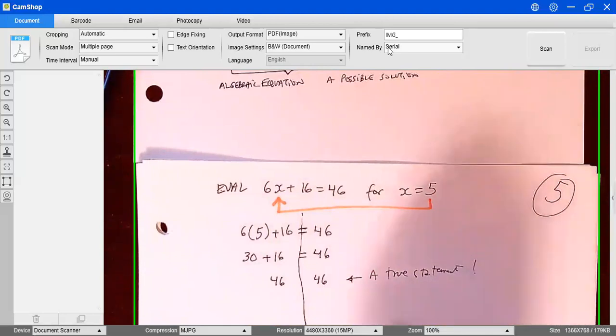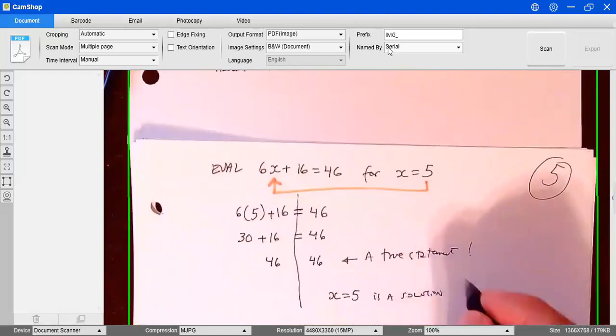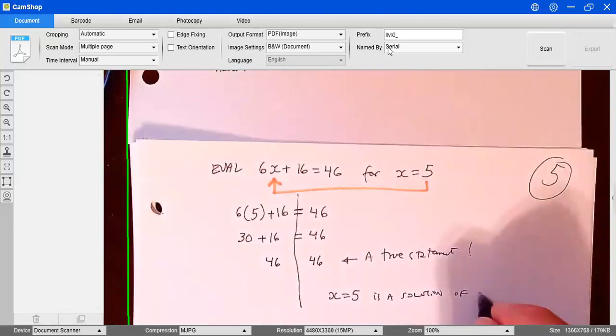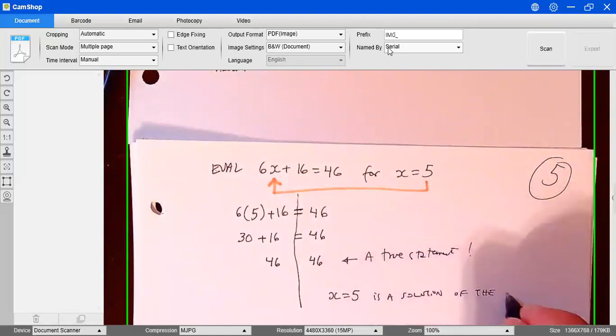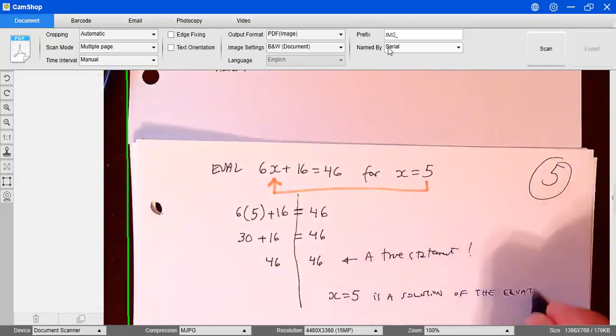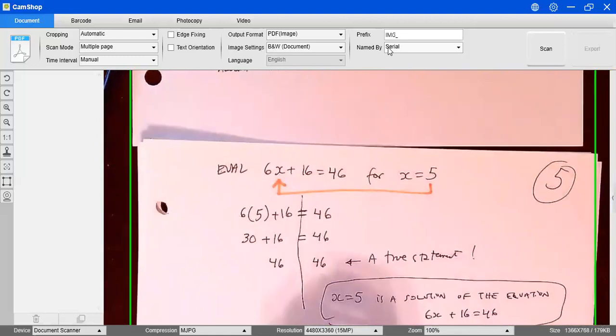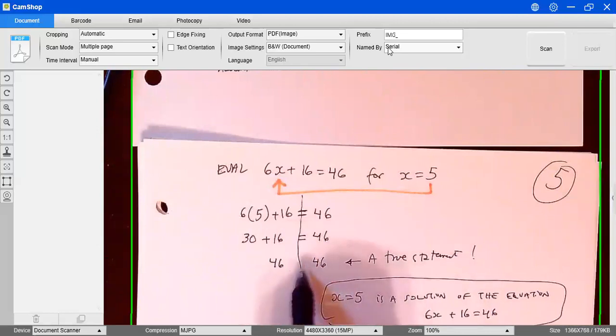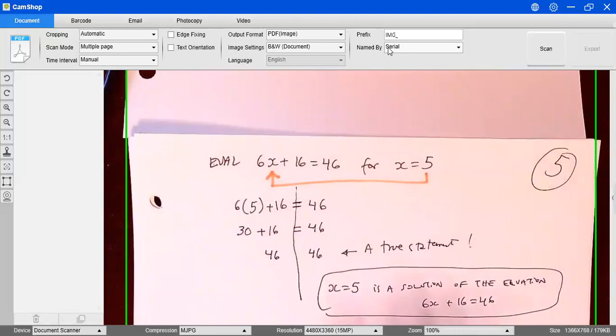That means that x equals 5 is a solution of the equation 6x plus 16 equals 46. So this is the answer. Why? Because the final statement that we got from evaluating the equation is true.